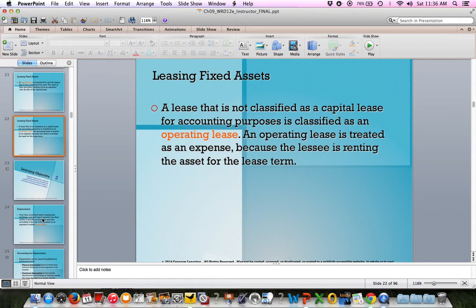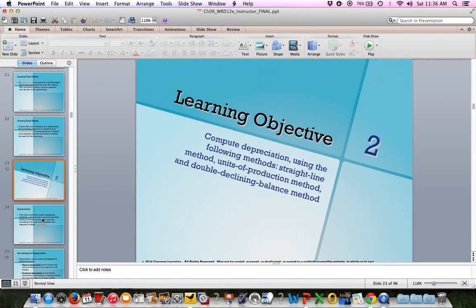We're not quite sure if this is the right location for us, or if we might need to expand someday. So we sign a 6-month lease, and that would be an operating lease, and we would treat every lease payment like an expense, because essentially we're just renting that space. If the lease ends and we leave the property, that property still belongs to the owner of the strip mall. If I went out and leased that van, when that lease ends, I own the van. That's a capital lease. So there's a difference between the two. Know those two differences. That will definitely come up on a test or a quiz.